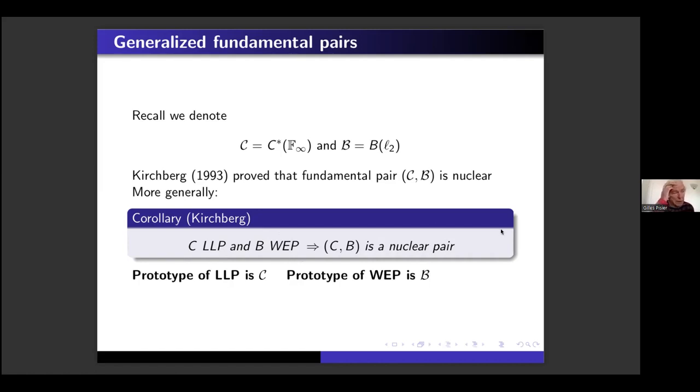This is more or less easy to see, because your LLP algebra will be locally factorizable. This C being LLP will be locally factorizable through script C. And if B is WEP, locally, that is up to the bidual, this B will be factorizable through B of H. That's the idea anyway. From this simple idea, you get that the pair will have to inherit the property of this pair. And so any such pair, LLP, WEP, is a nuclear pair.